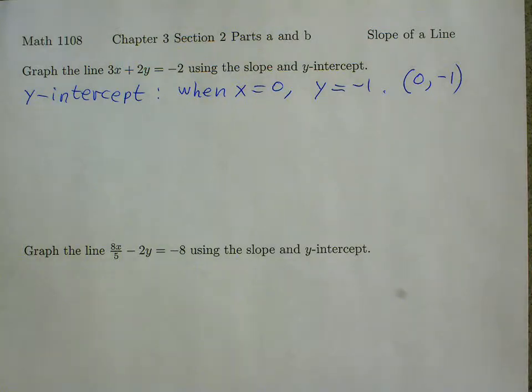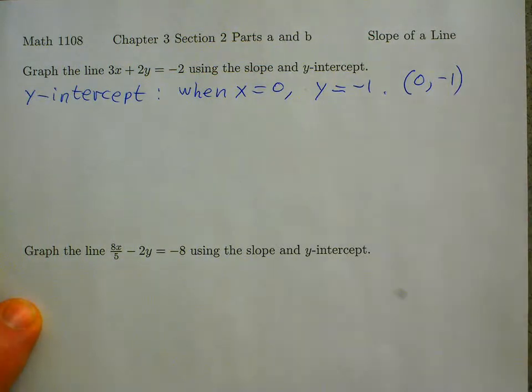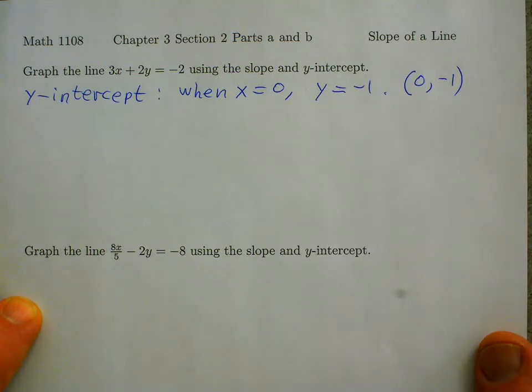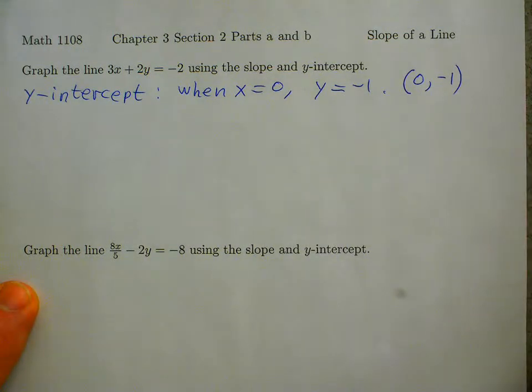So how are we going to find the slope? Well, we need another ordered pair to find the slope. So we already have one ordered pair, 0, -1. So find another ordered pair, then we'll use the slope formula.